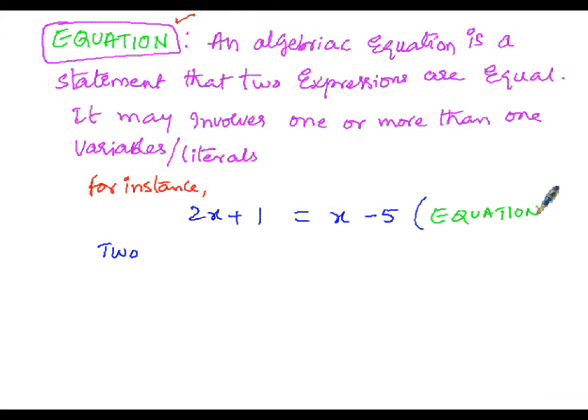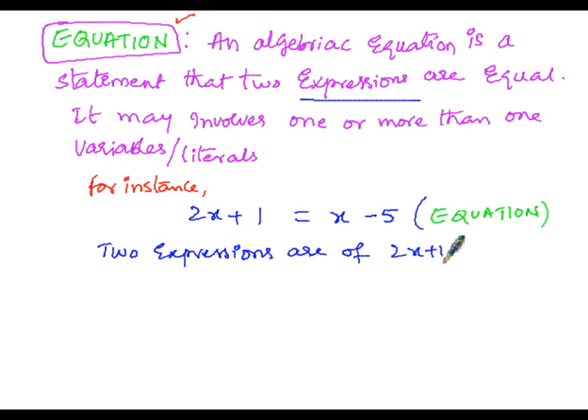In this equation there are two expressions which are equal, one is 2x plus 1 and the other is x minus 5. These two expressions are equal. Two expressions must be equal, then only it is called an algebraic equation, and in the present equation the variable is x.